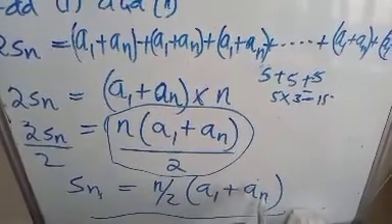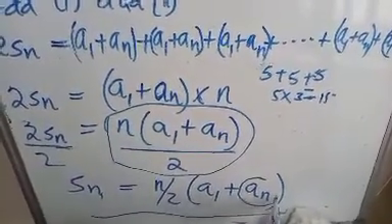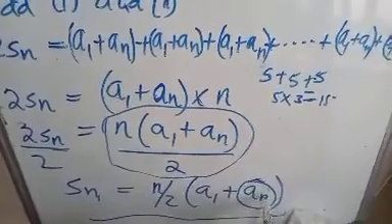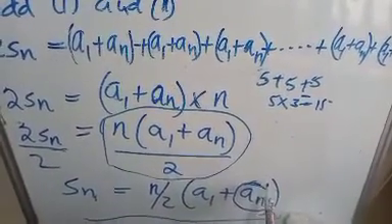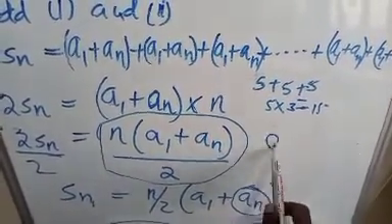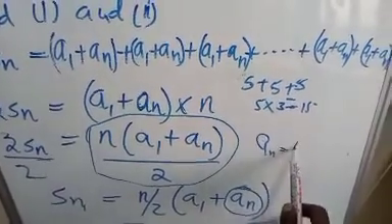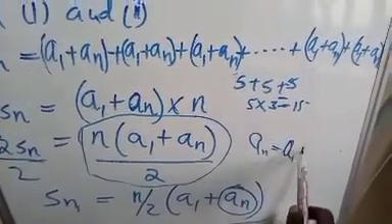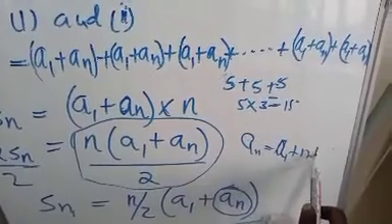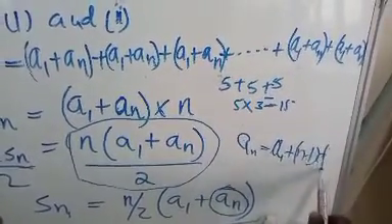But you can also define this in another way, because we know that an is the nth term of an arithmetic progression. So an is equal to a1 plus n minus 1 bracket d.